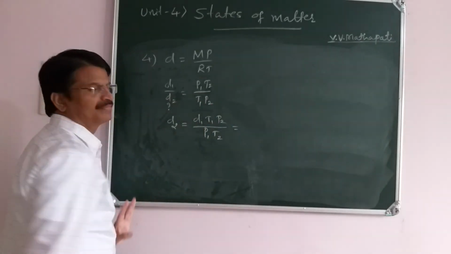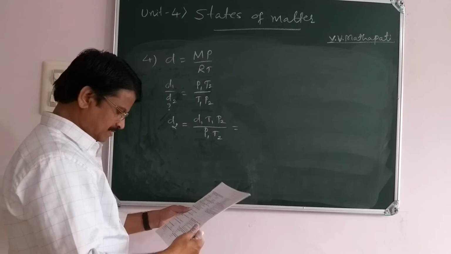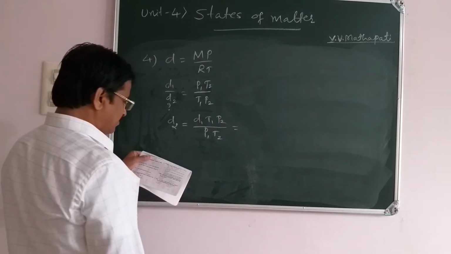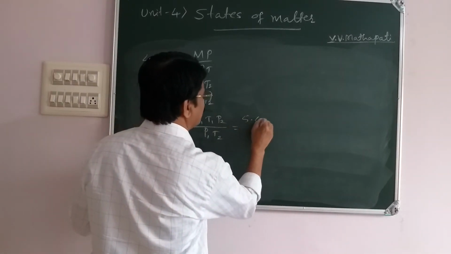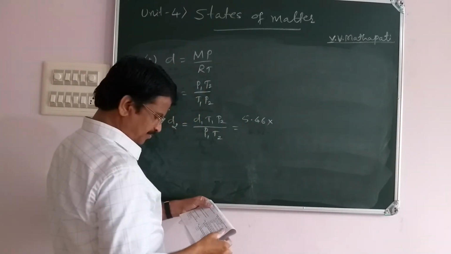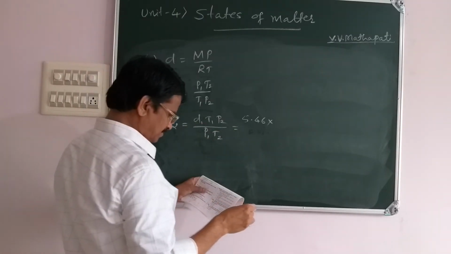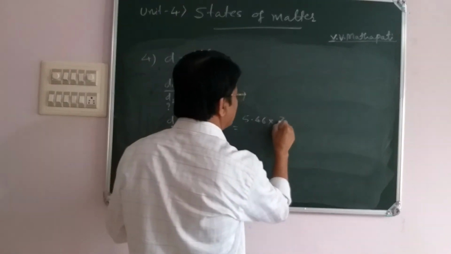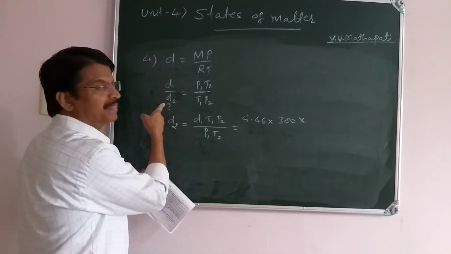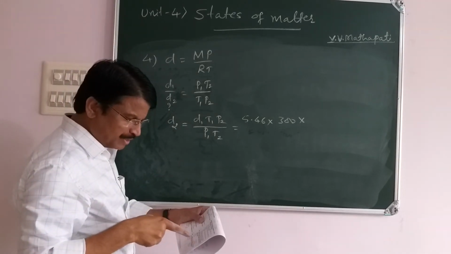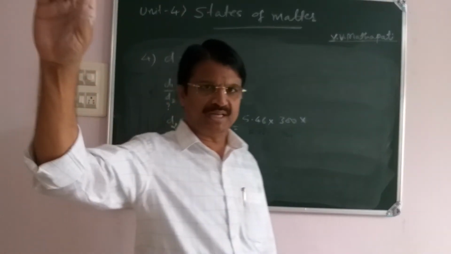Now just refer to the values and substitute, and we get the answer. Density of gas found to be 5.46, into temperature 27 degree, 300 K, into P2. They are asking for the density at STP, so P2 is in terms of STP.